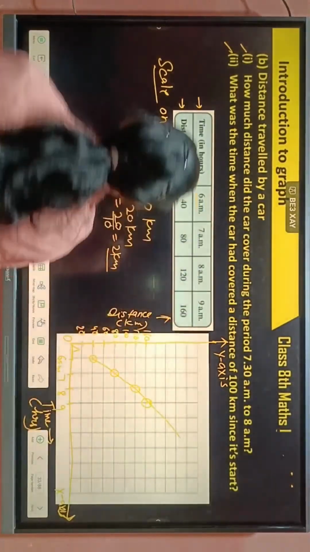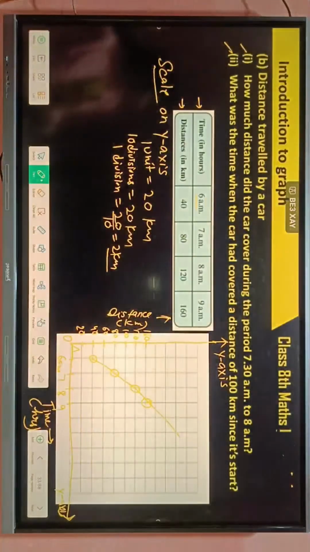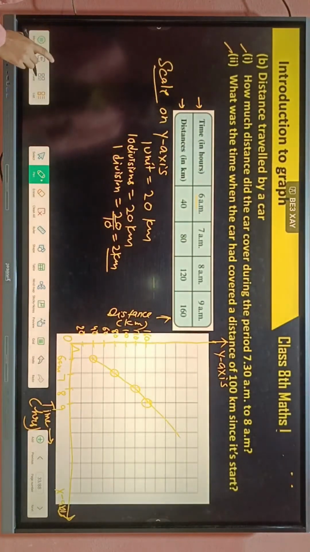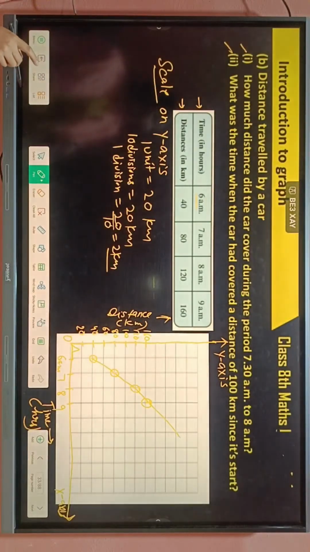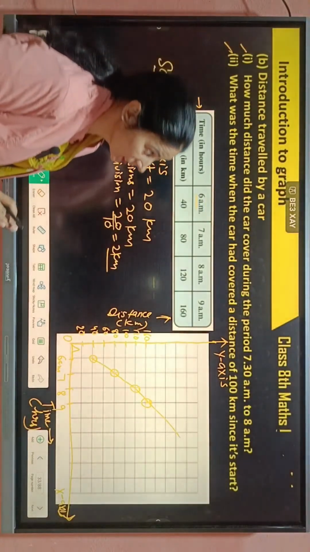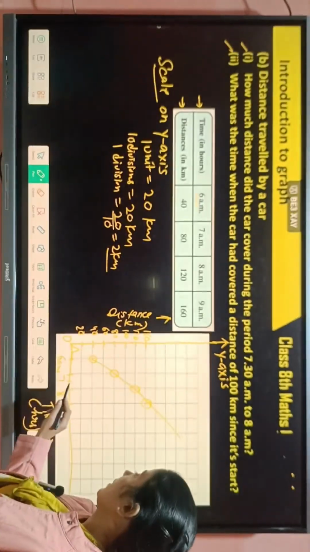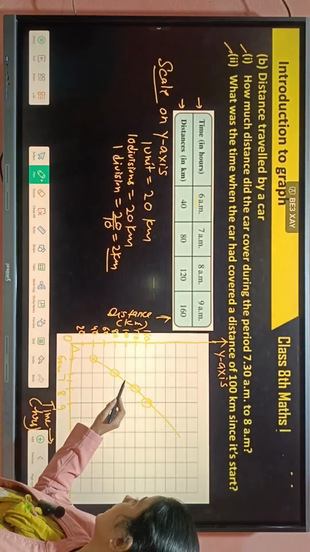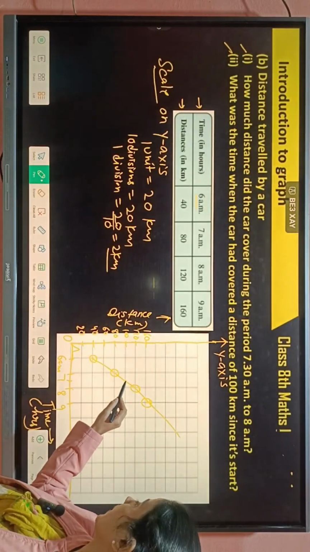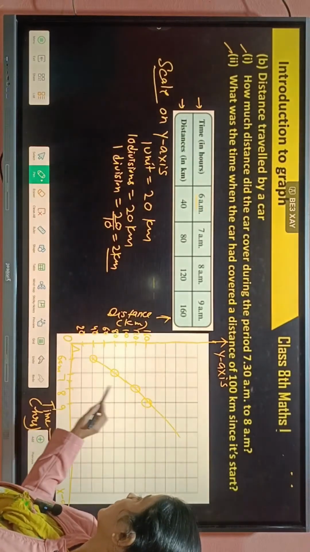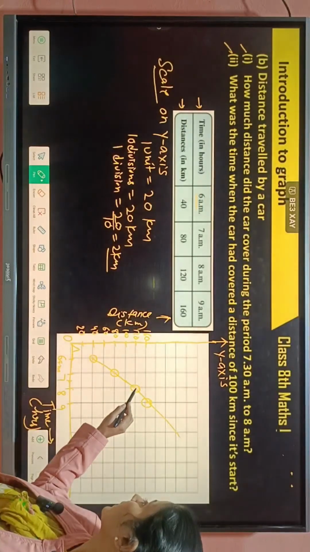Now we have to answer the following questions. Graph we have plotted. What is the first part? How much distance did the car cover during the period 7:30 to 8 a.m.? Between 7:30 to 8.